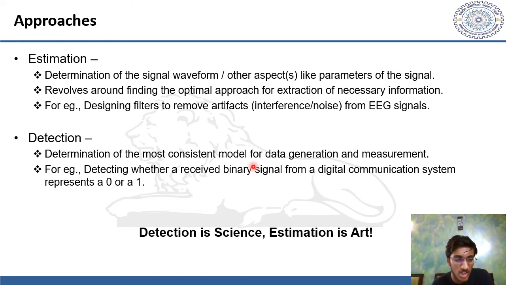So essentially, in other words, what this means is that a single optimal detector would minimize all the rational error criteria. Therefore, all this leads us to conclude that detection is science, whereas estimation is nothing but an art.